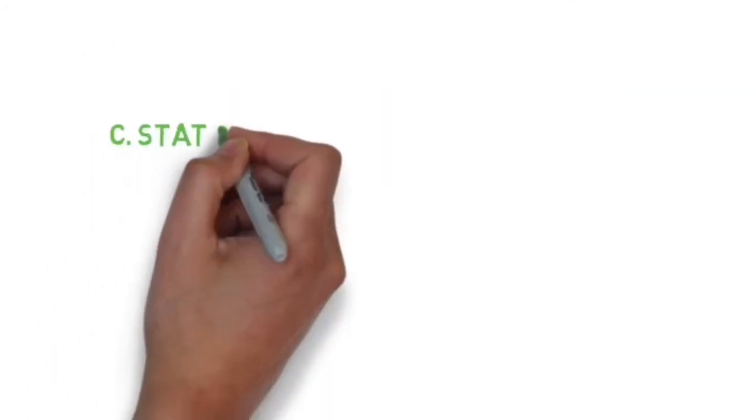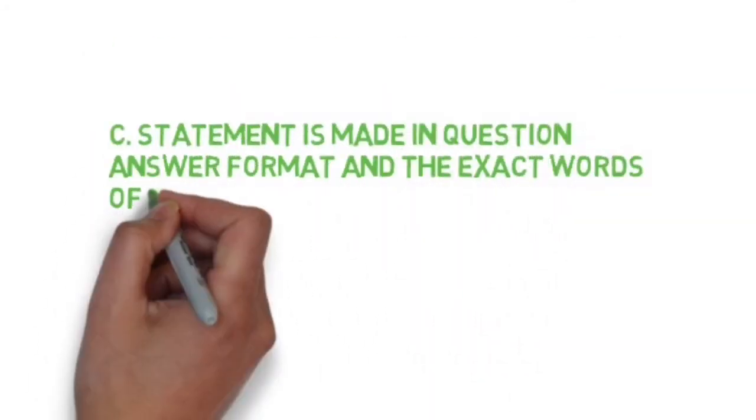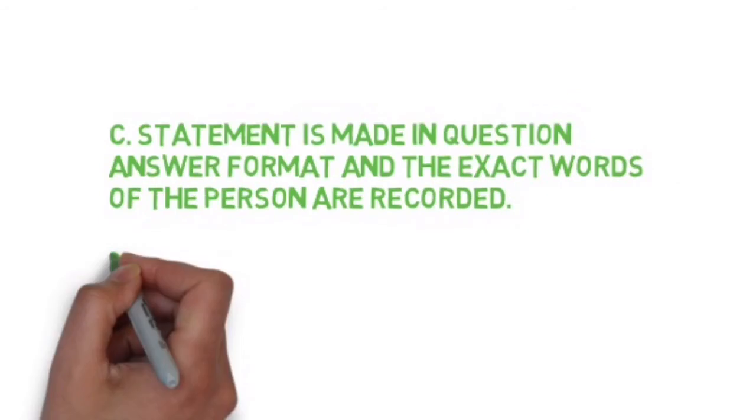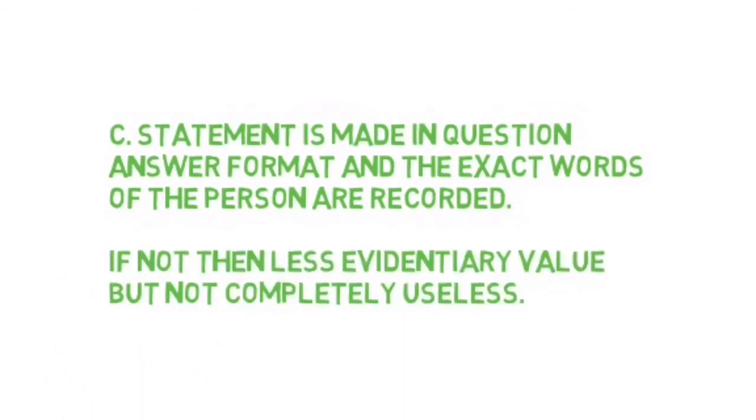C. It is very important that the statement is made in question-answer format and the exact words of the person are recorded or used while recording. However, if the statement is in narrative form, or it is a sum or a crux of what the person who was dying said, it can still be utilized, but the court will have to see the evidentiary value of it and will have to examine the person who took down the statement.